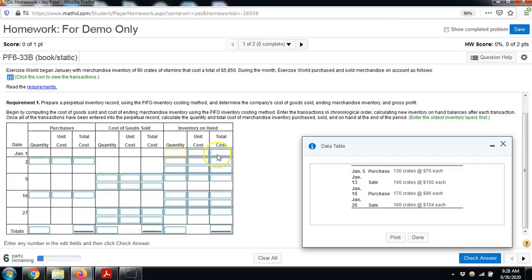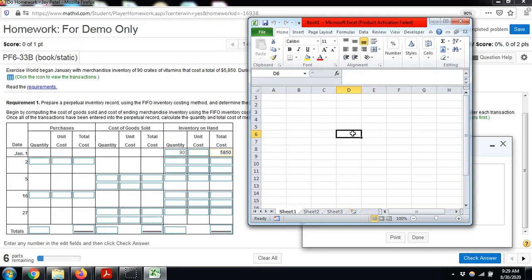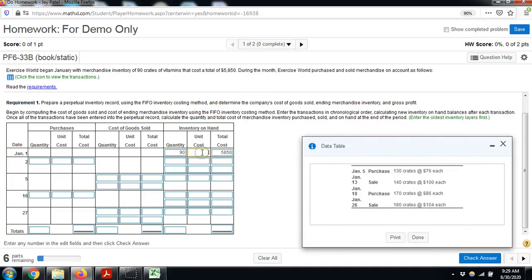So we would have 90, 5,850, and our per unit cost, if we do the math, 5,850 divided by 90, we're going to divide the total cost by the number of units, and you see that it's $65 a unit. And so that's our starting point.